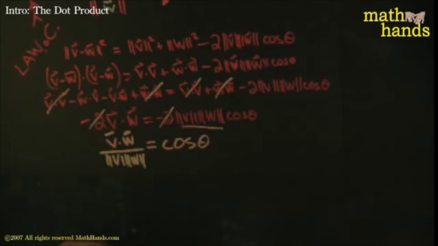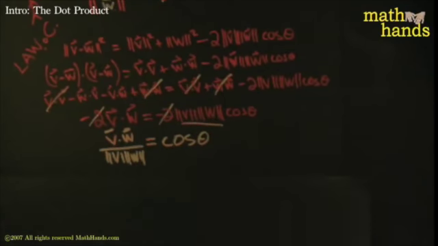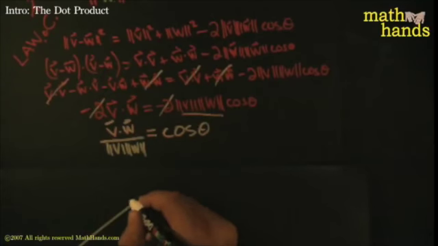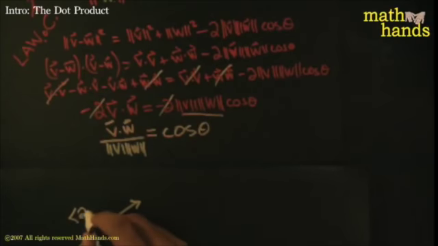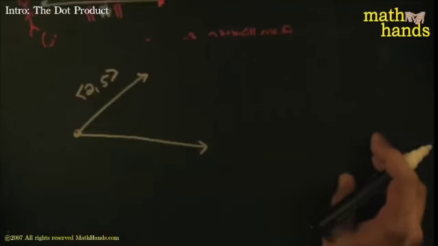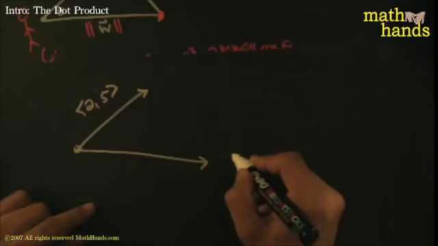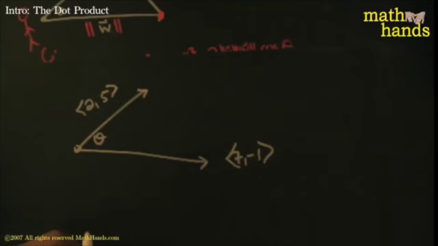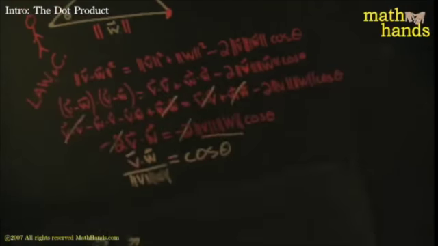This would be v dotted with v minus w dotted with v minus v dotted with w plus w dotted with w. That's the left hand side, and that's equal to v dotted with v plus w dotted with w minus 2 norm of v, norm of w, cosine theta.